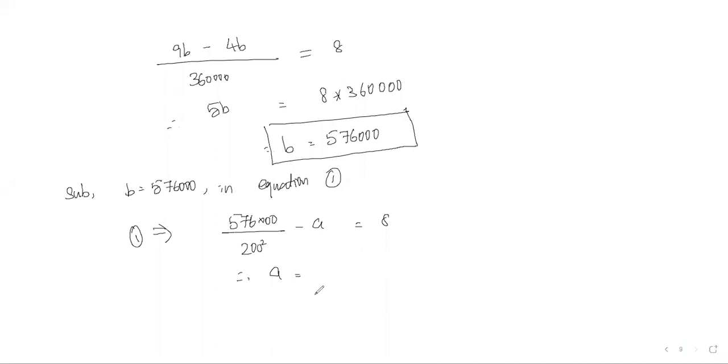So this side is 14.4 minus A is equal to 8. So A is equal to 14.4 minus 8, which implies A is equal to 6.4.